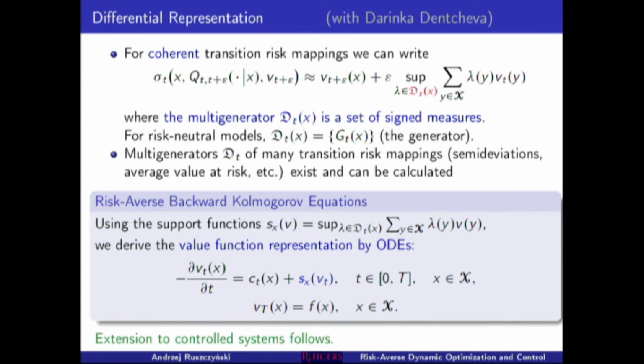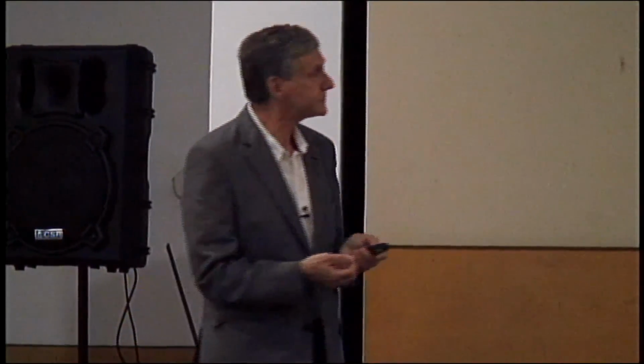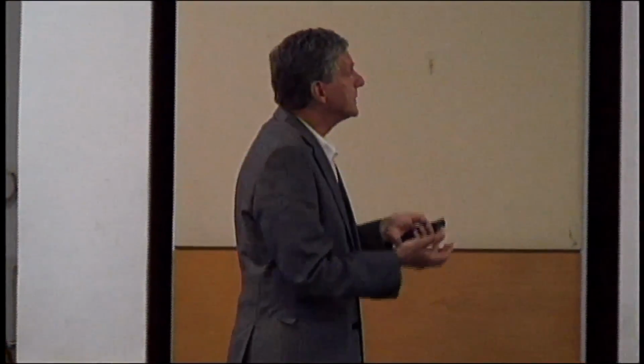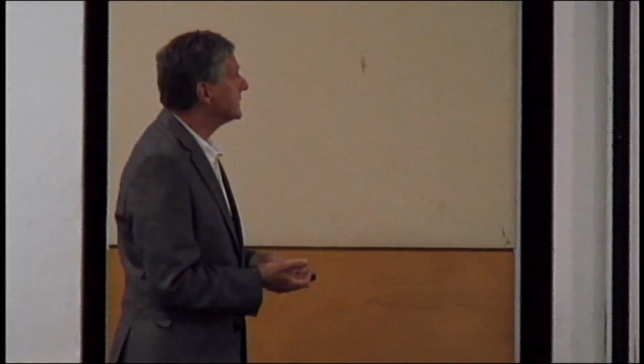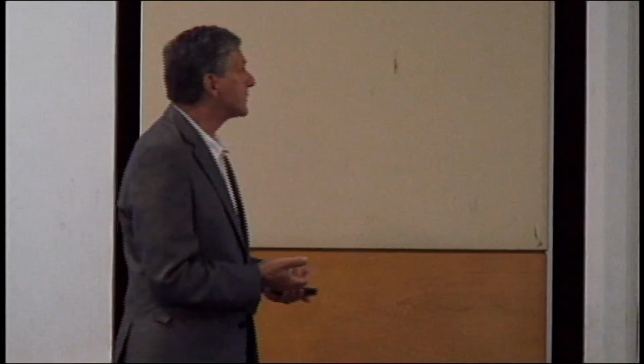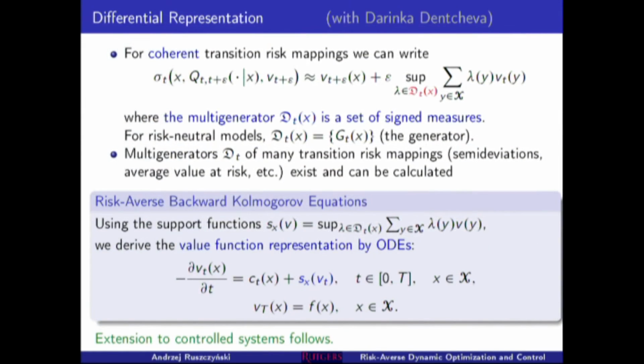Now it turns out that this set is associated with the generator of the system. It's something larger than the generator of the system. We call it a multi-generator. And if we do this, then we can develop a backward Kolmogorov equation to calculate the value of the risk. These are ordinary differential equations in which the support function of the multi-generator features.